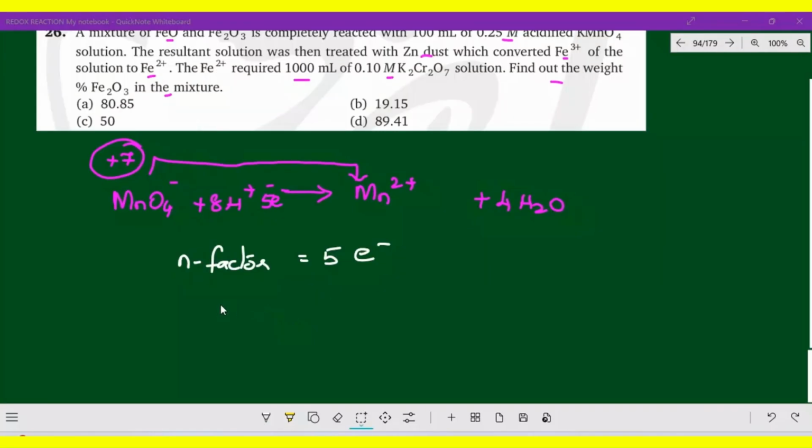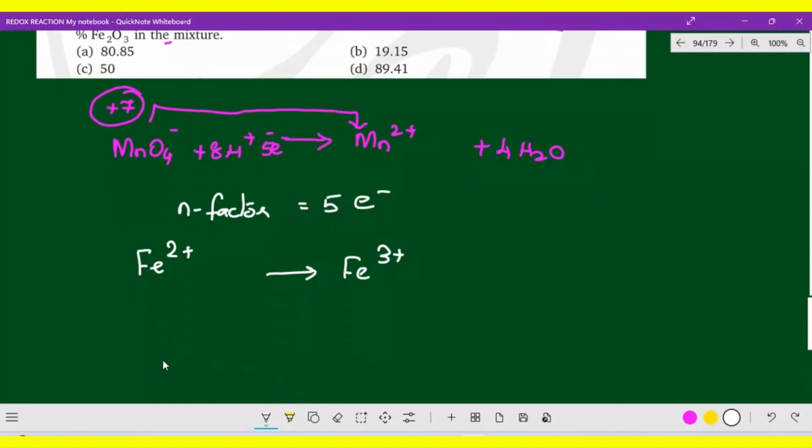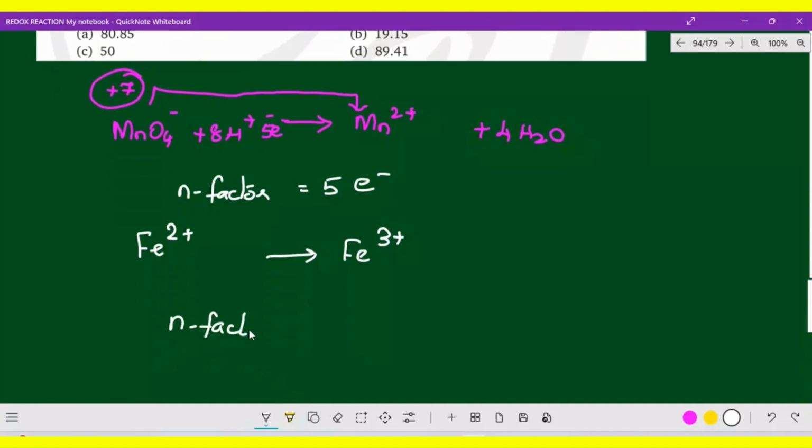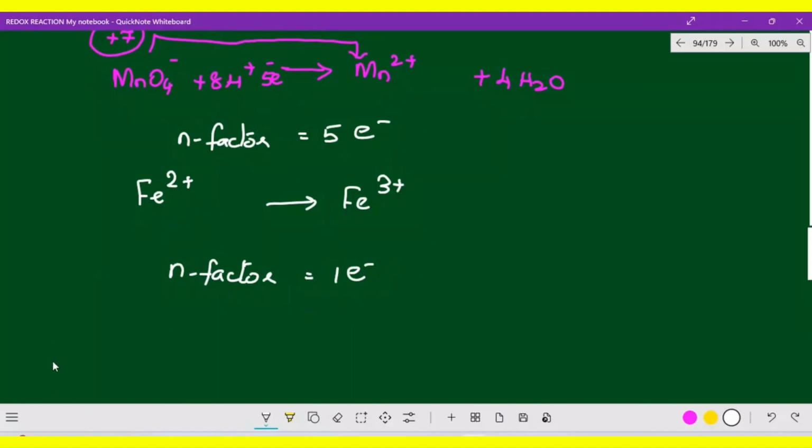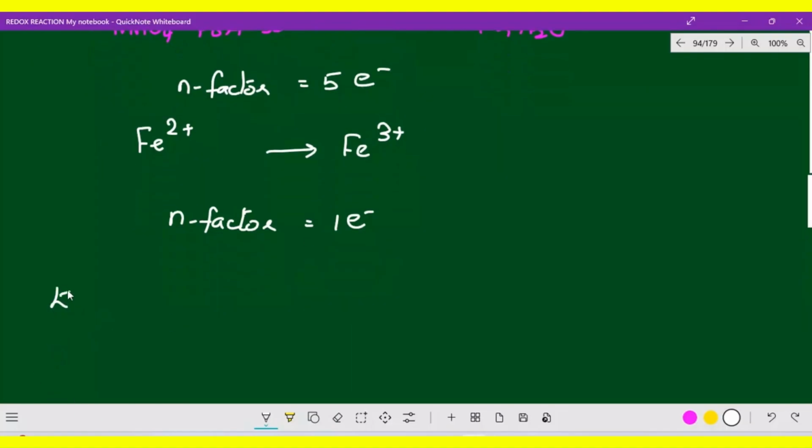In the same way, here ferrous to ferric: Fe2+ is converted to Fe3+. So the n factor of Fe2+ to Fe3+ is 1 electron exchanged. Now we have to identify the equivalents of KMnO4.